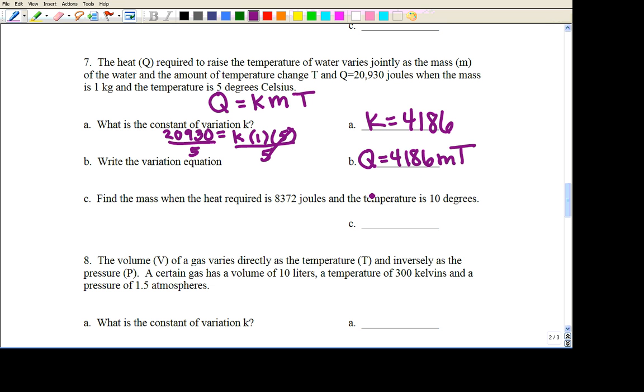So all we're doing here is practicing using that equation we've just gotten, and so we'll plug in our information. So Q here is the 8,372. We know that K is 4,186. We're looking for M, and the temperature is 10.